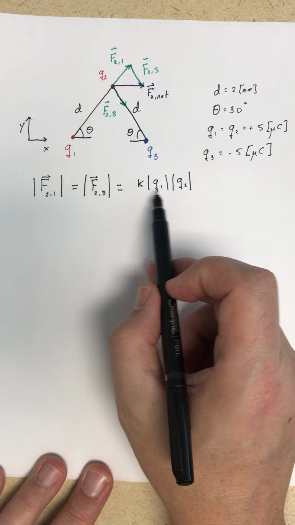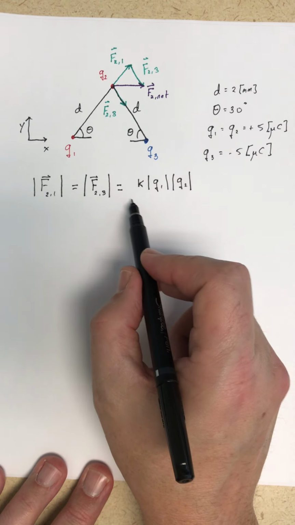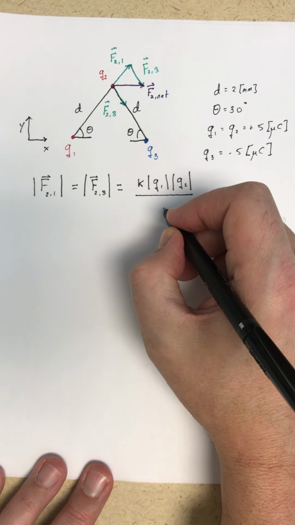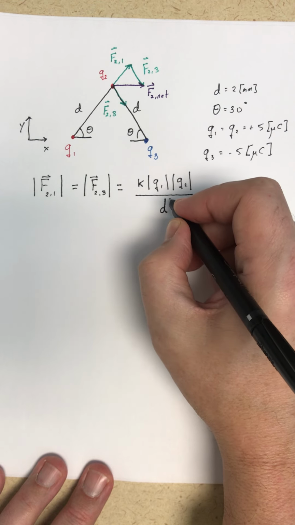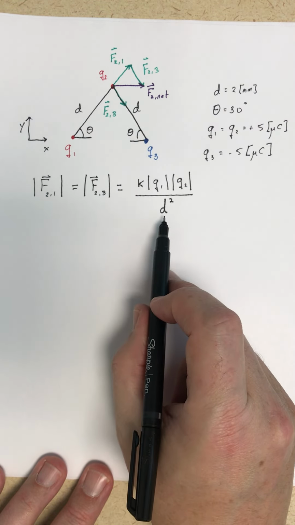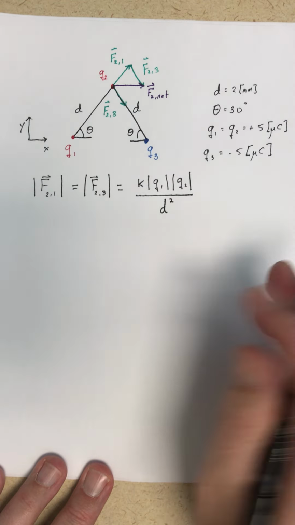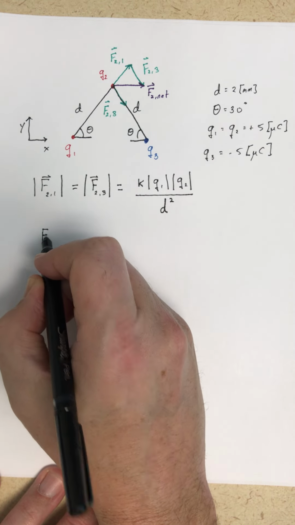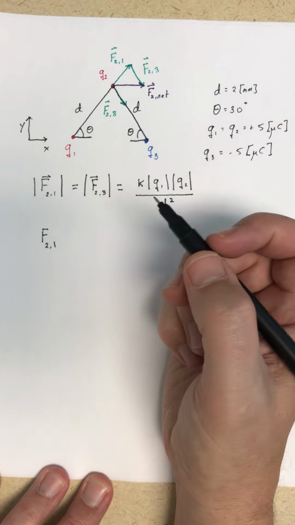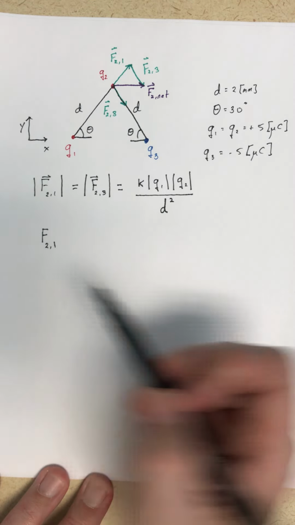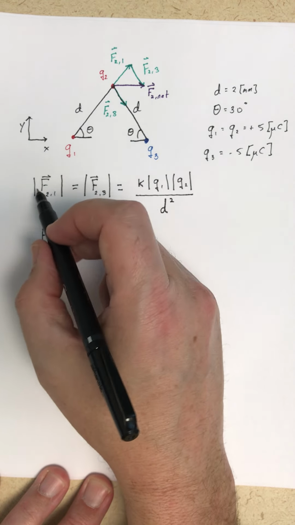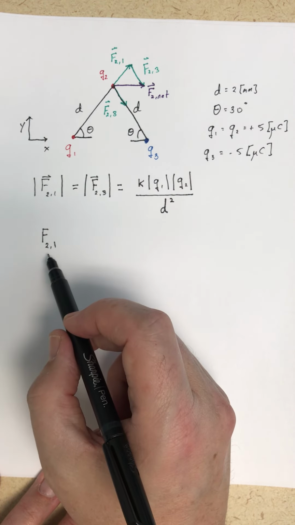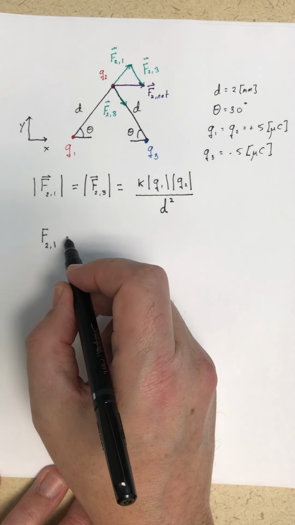Now they're both positive, so these absolute value signs are not actually doing anything, but it's good practice to have it there because it's nonsensical to have a negative magnitude. And then it's an inverse square law in the distance. Our shorthand notation for the magnitude of the force on 2 due to 1 is just the variable without a vector sign.